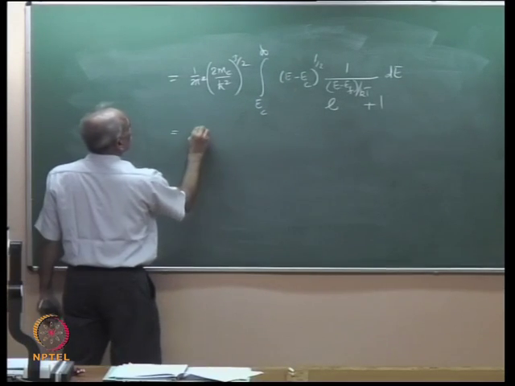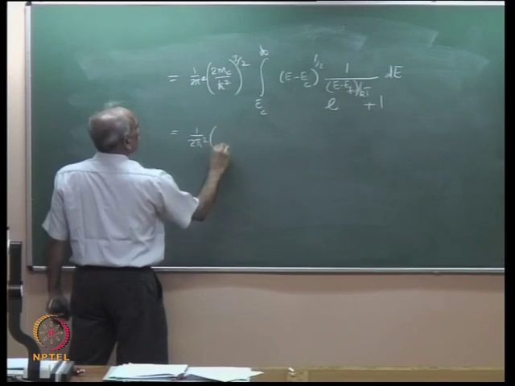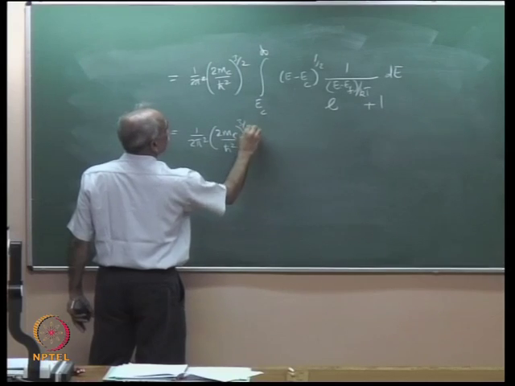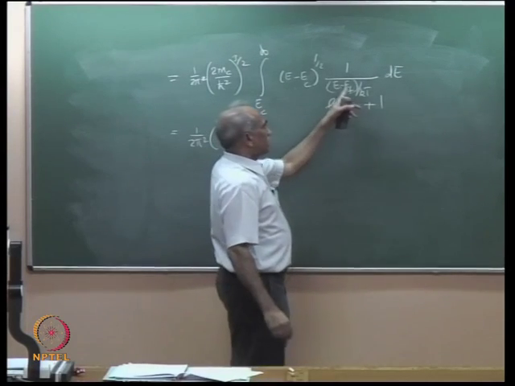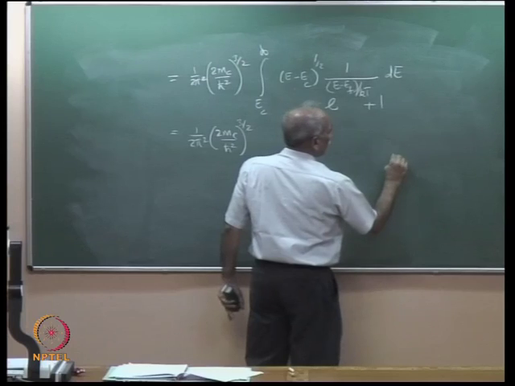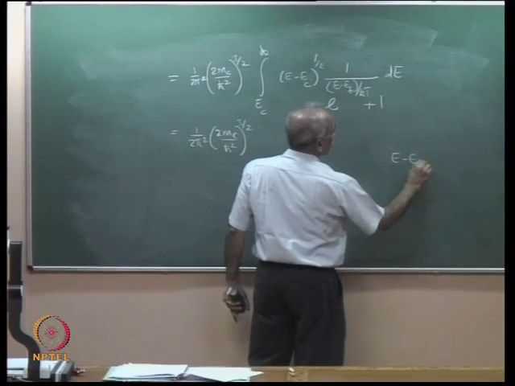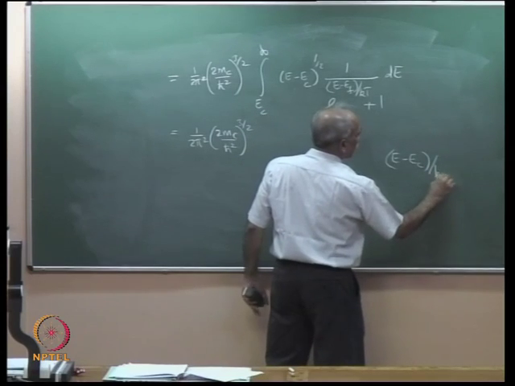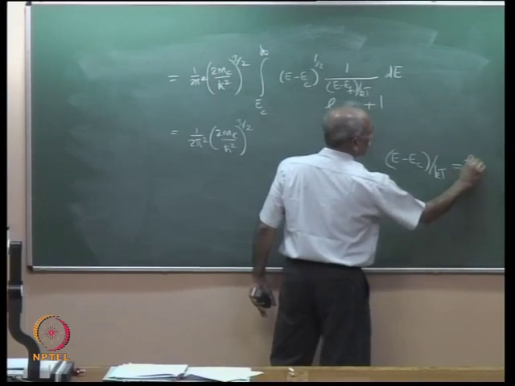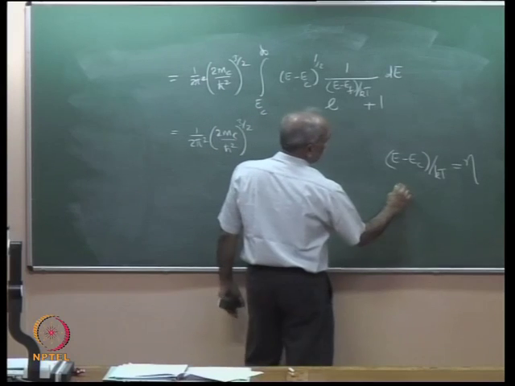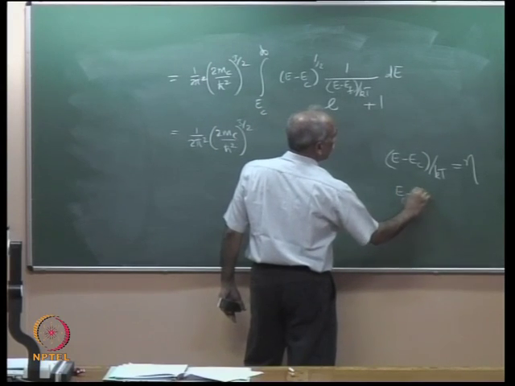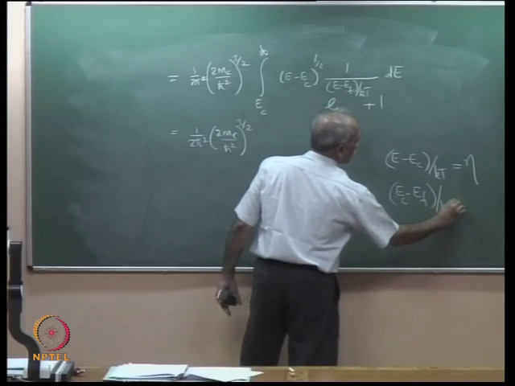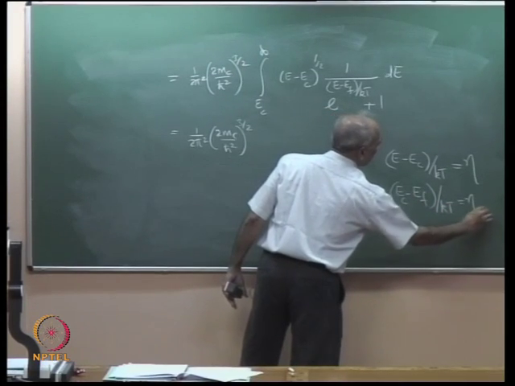So I add and subtract EC, and then we put E minus EC by kT equal to eta, and EC minus EF by kT equal to eta F.